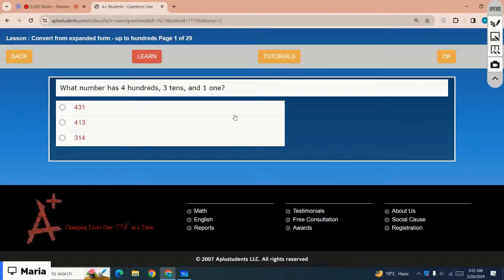What number has four hundreds, three tens, and one one? So which is the correct option?